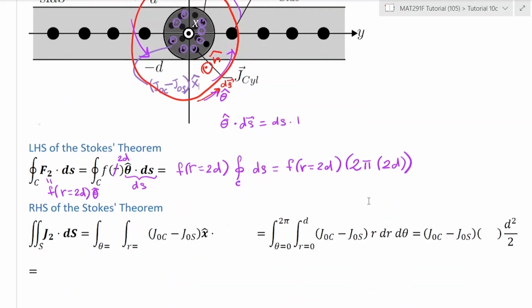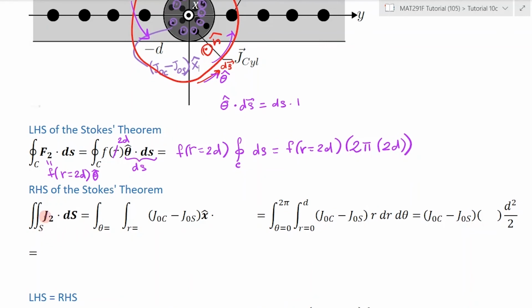On the right-hand side, we have, again, the flux of J through the surface. So let's integrate in cylindrical coordinates. We'll have theta going from 0 to 2 pi.